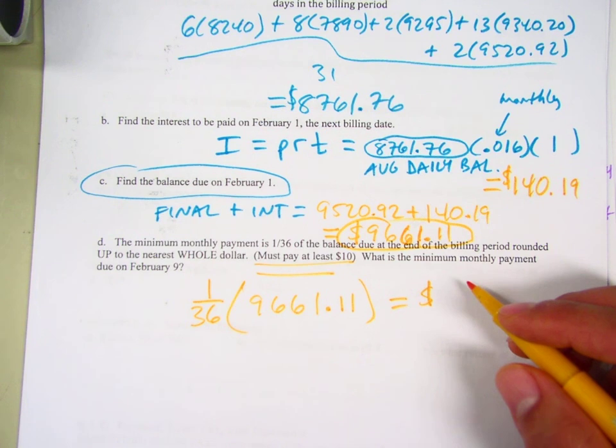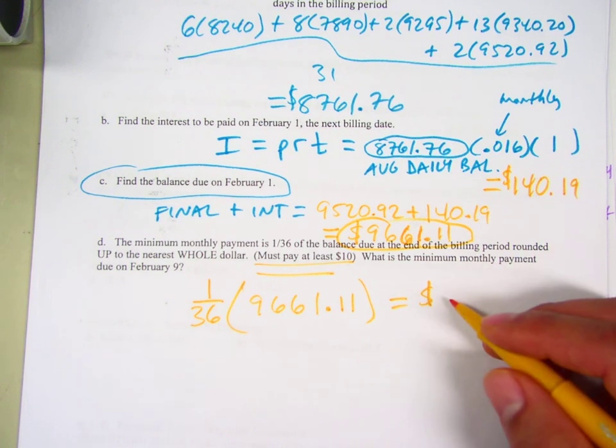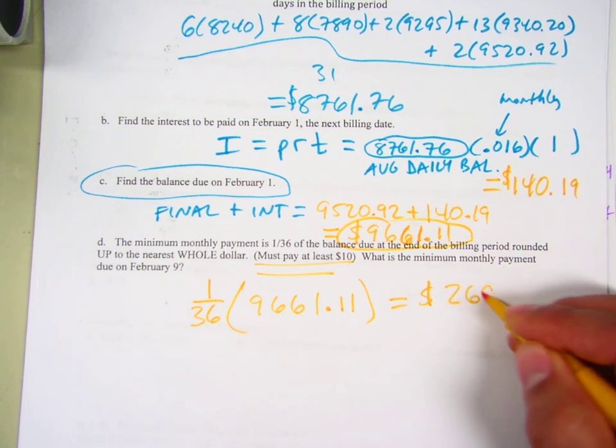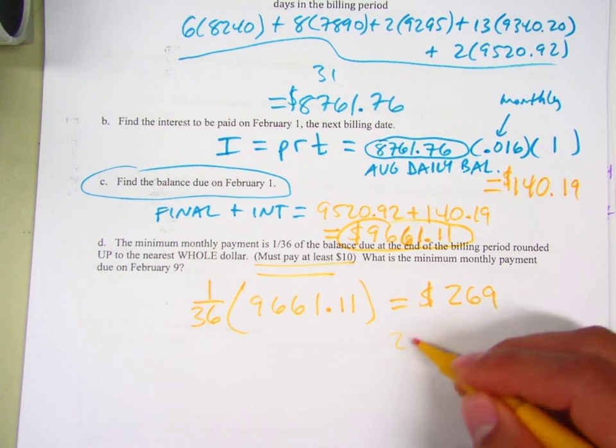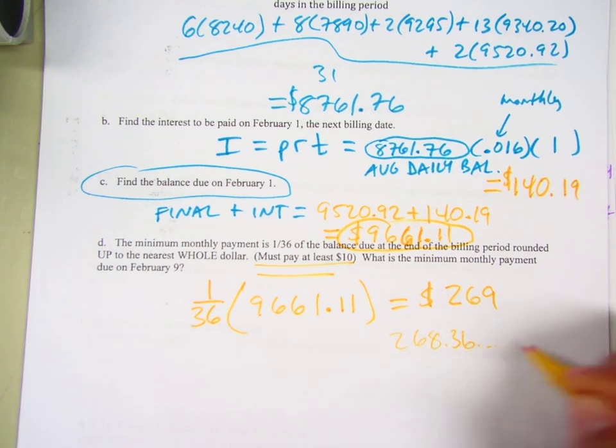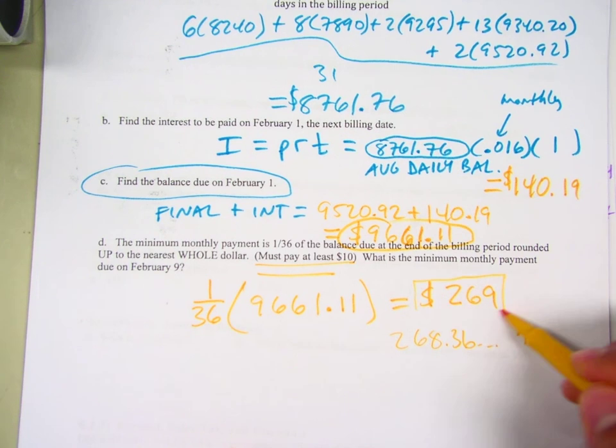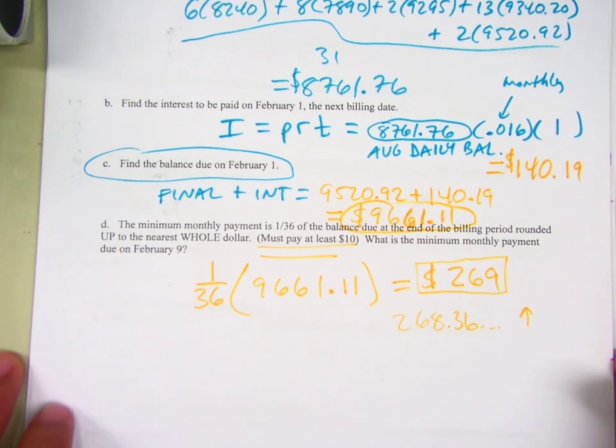Remember, we're making a payment, so $269. It's $268.36, but we always round up when we're making a payment. Okay. Any questions on that?